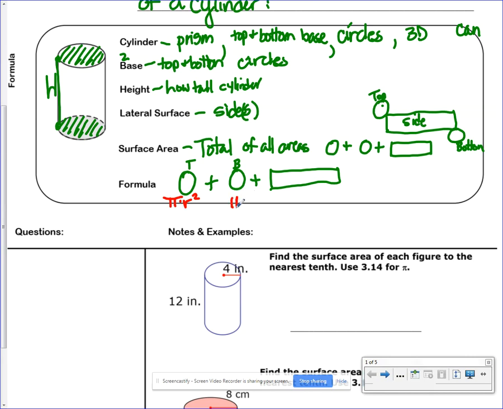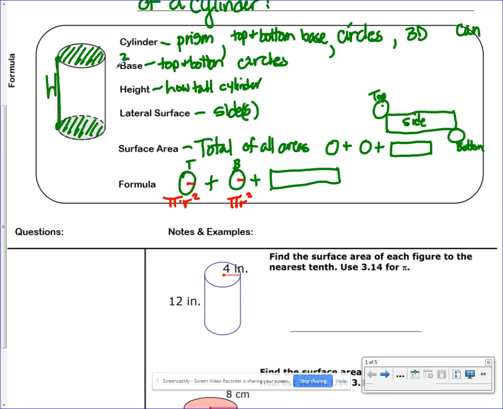Same thing here: another pi r squared. Remember, we need the radius as we calculate. So I have circle, circle. Now I have the rectangle. If I can find the length times the width, or the base times its height, then we're good to go, because that's how you find the area of a rectangle.